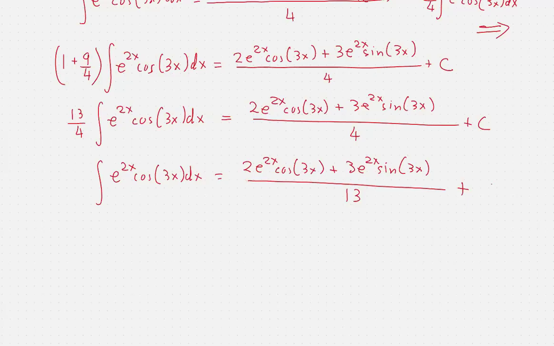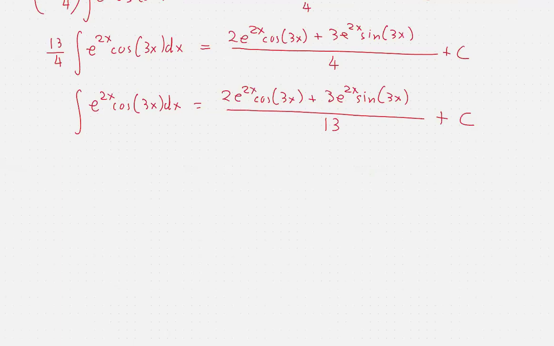In fact, this computation is so generic that you can even guess what would be the integral of e to the ax cosine of bx dx. So, this is going to be a e to the ax cosine of bx plus b e to the ax sine of bx.